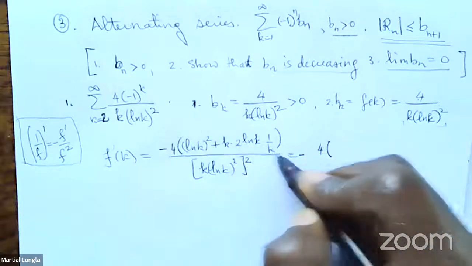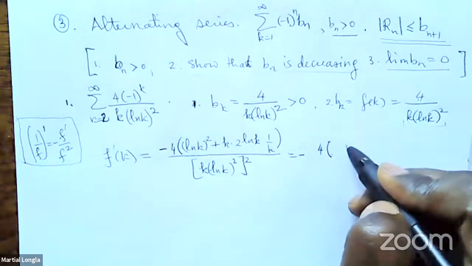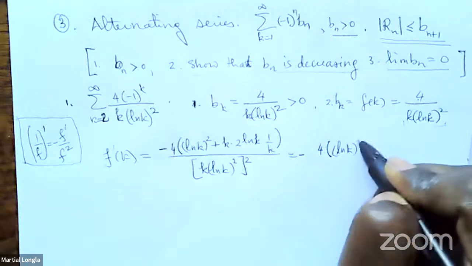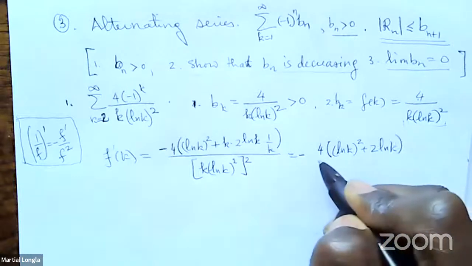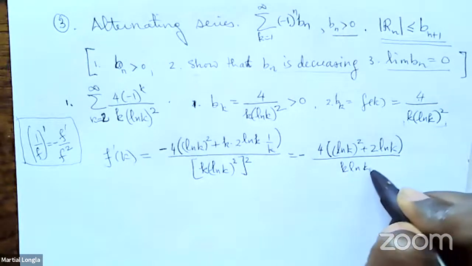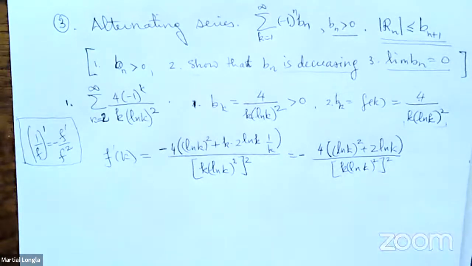And this is minus 4. And then here you have things that cancel. And so you have (natural log of k) squared plus 2 natural log of k over k (natural log of k) squared, and all of that squared.